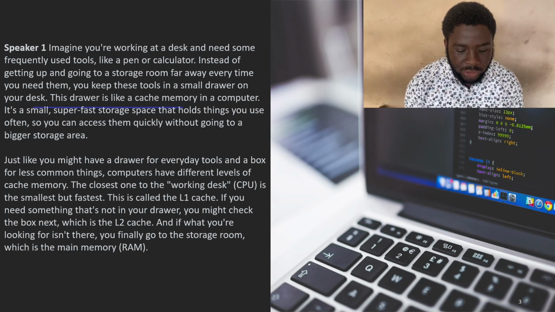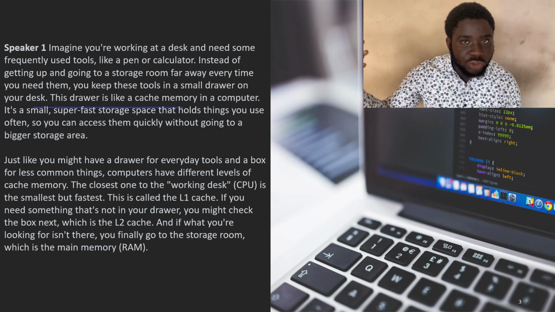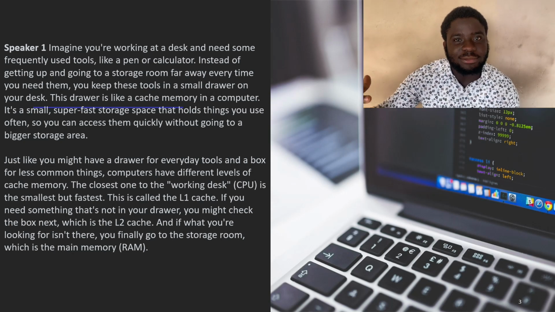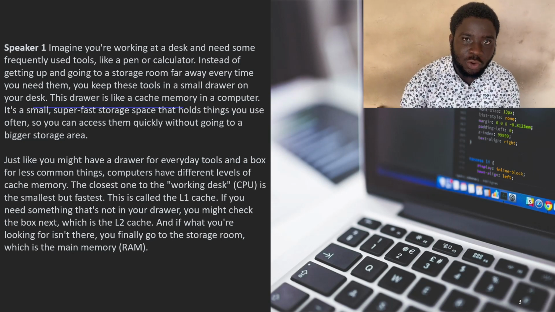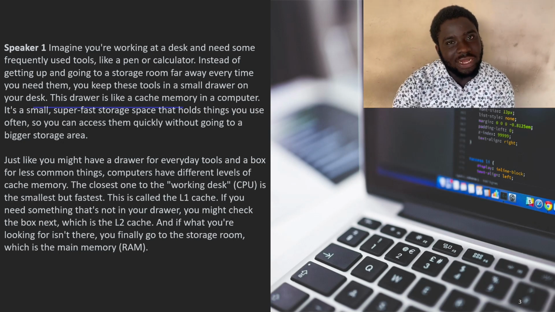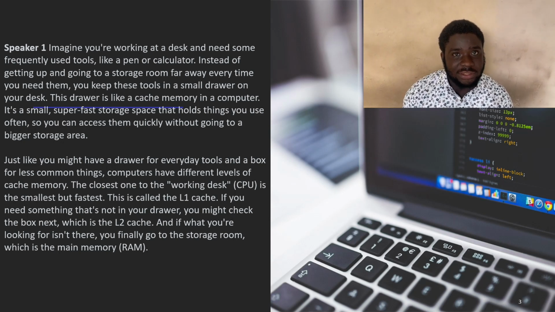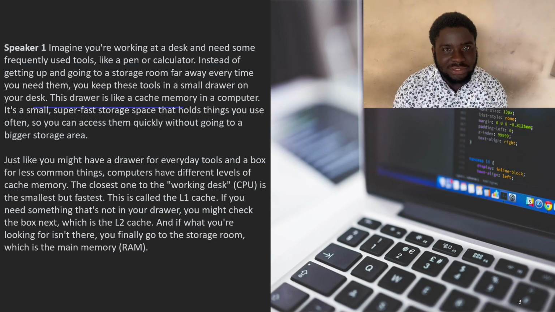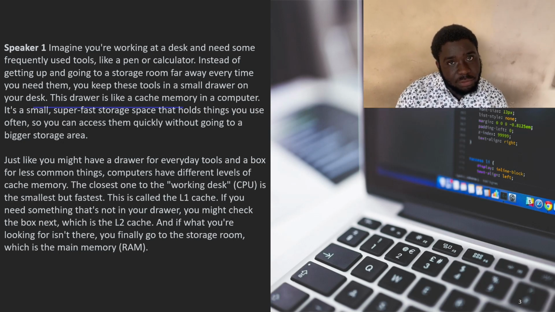Instead of going to the storage room where all the things are kept in bulk, you would place them in a drawer on your desk where you can access them very fast. You just open your drawer and take it. That is how the computer system also runs, basically.